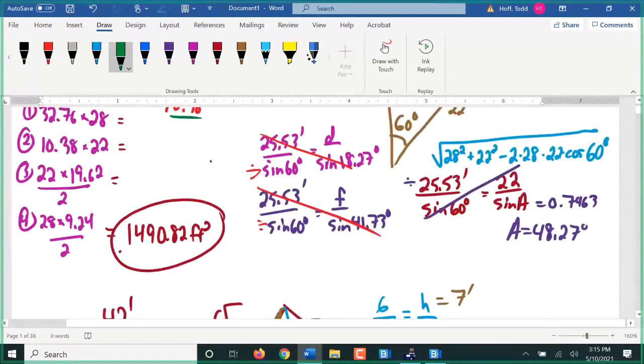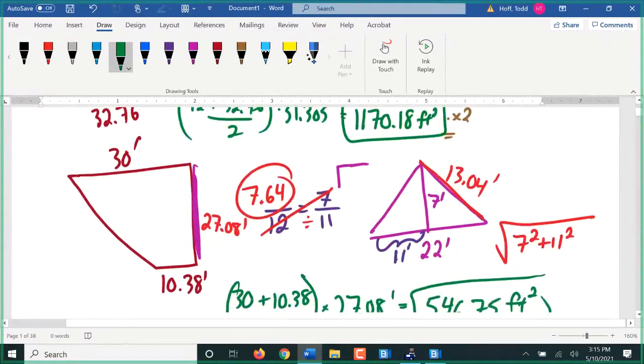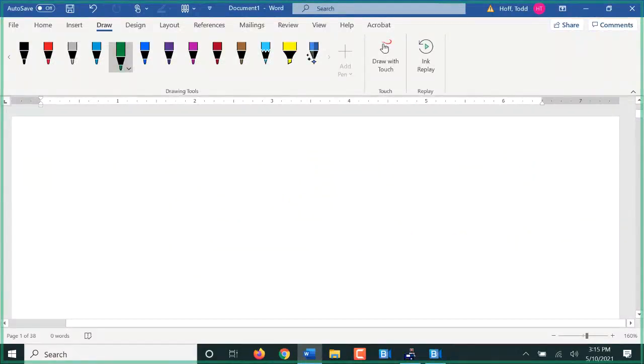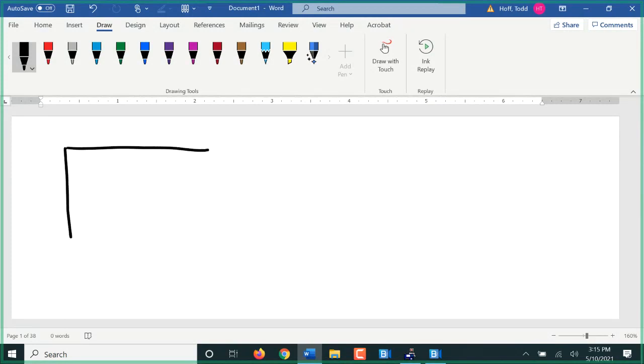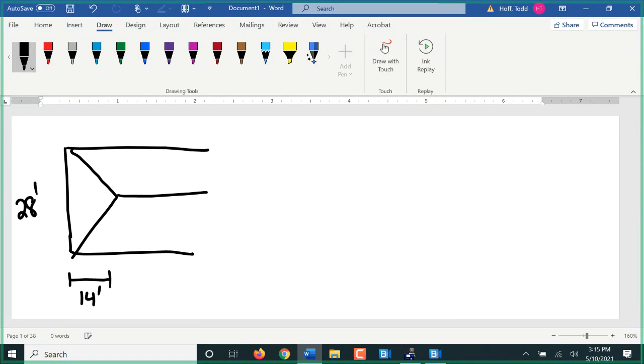Okay. Well, I want to talk a little bit about our hip roof calculation. We have here a 28-foot span and a 14-foot setback.